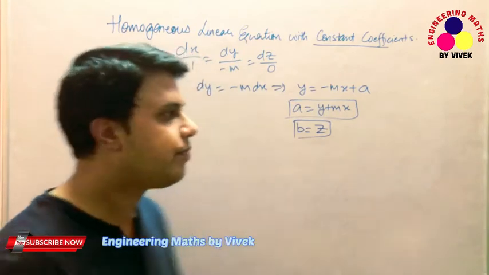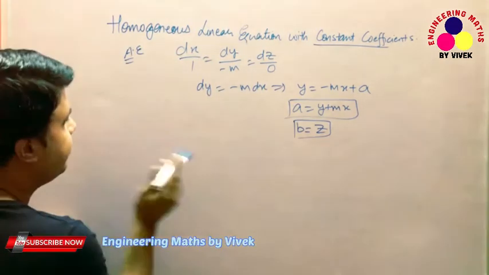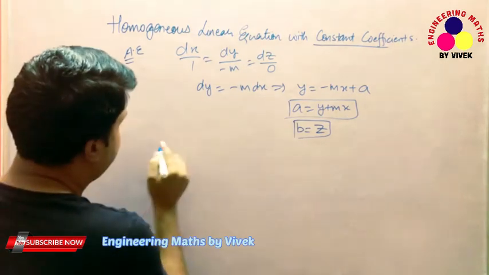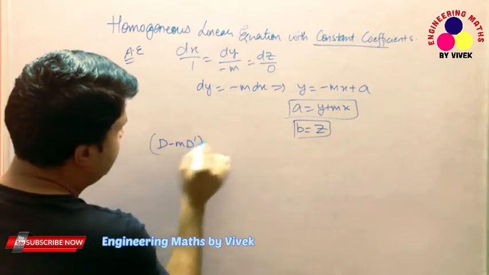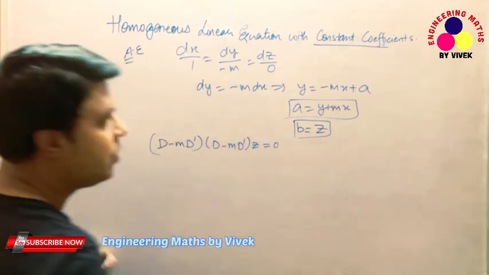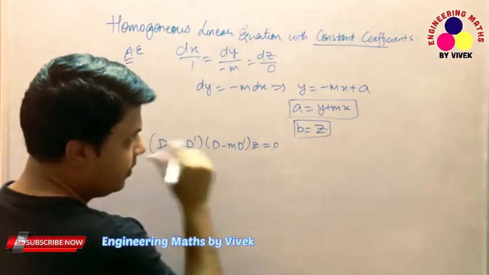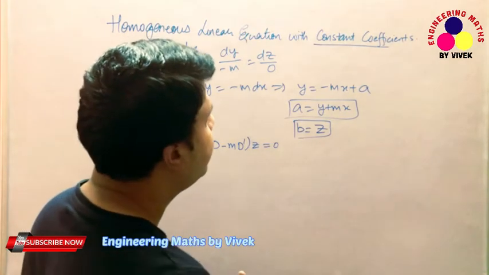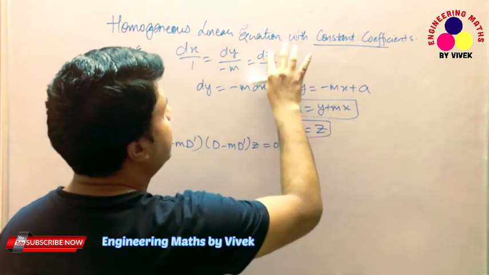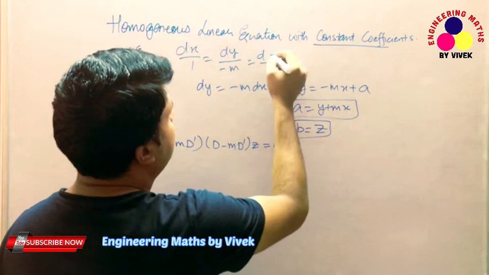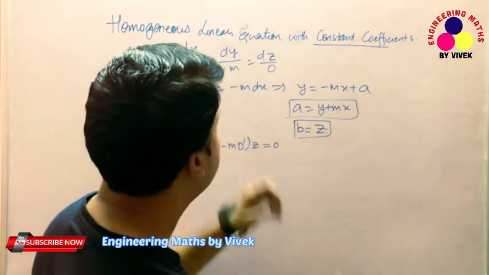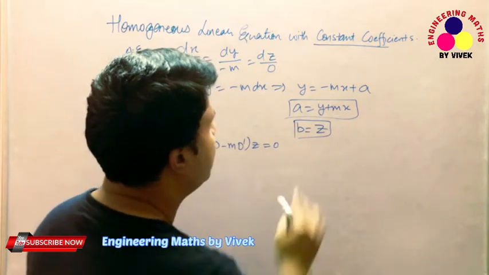Okay, so now the original equation which was written, and what I have chosen, this will be this one, then we have u equals to.